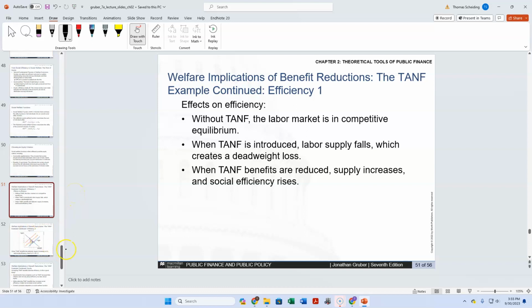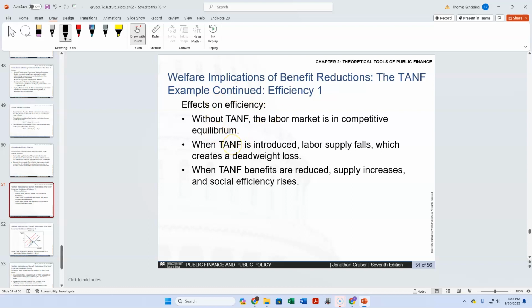As we wrap up this lecture, if we go back to what effect TANF has: if we didn't have TANF, the labor market is in competitive equilibrium, which we know from the first fundamental welfare theorem means we're at maximized total surplus.